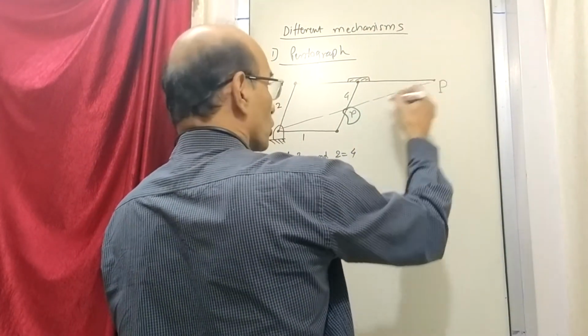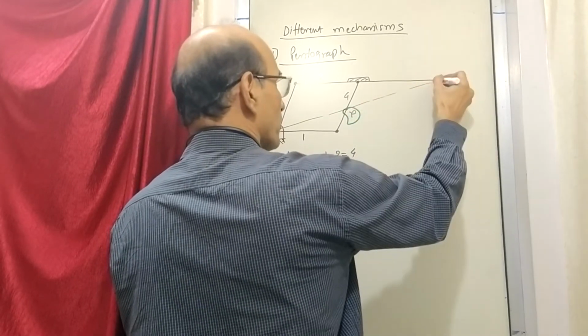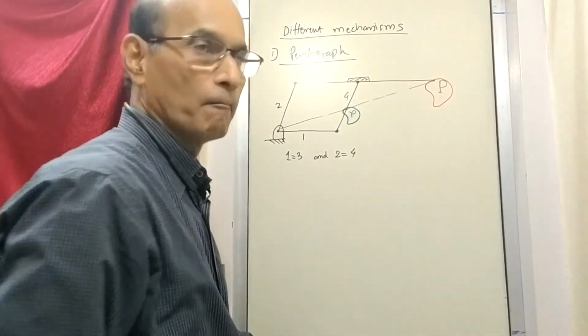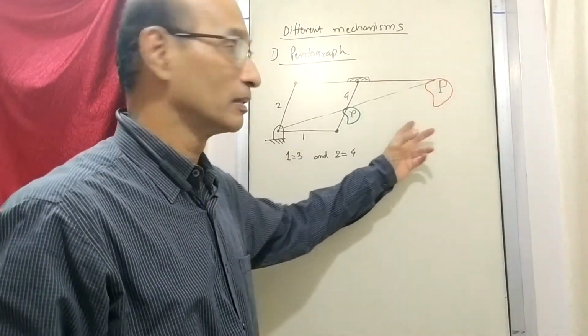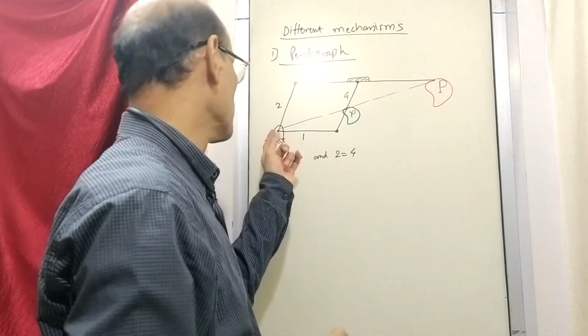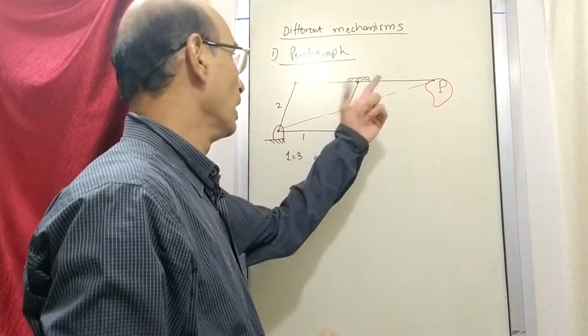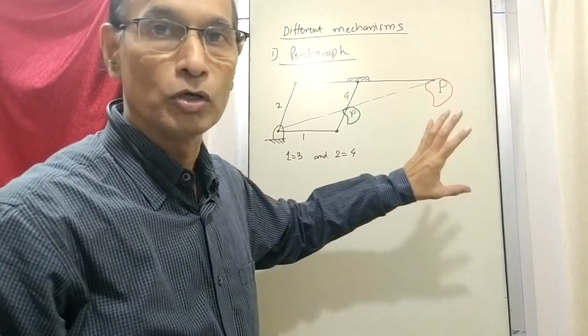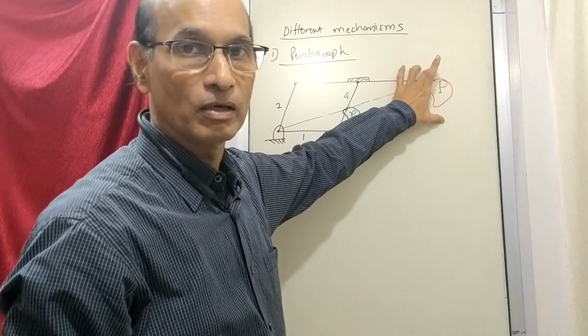This pen will also draw a shape, which will be the same shape but of a larger size. The shape of this is larger than the shape of this. Okay, so according to the ratio of this length to this length, you are going to get an enlargement of this figure.